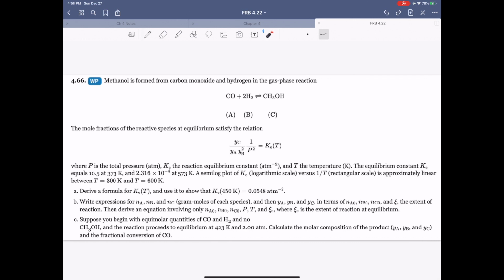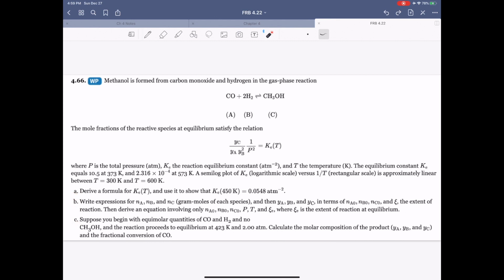It tells us the value of the equilibrium constant at two different temperatures, 373 and 573 K. It also tells us that a semi-log plot of the equilibrium constant, in which the natural log of Ke versus 1 over T, is approximately linear in this temperature range. Using this information, the problem statement asks us to solve for a couple of things. In this video, we're going to solve parts A, B, and C of this problem.